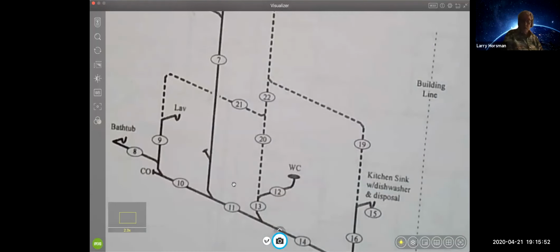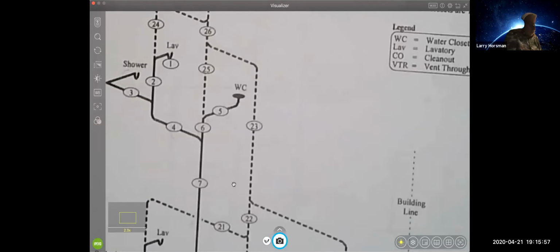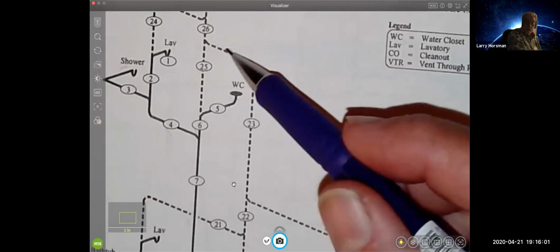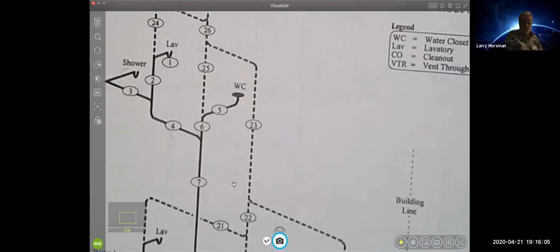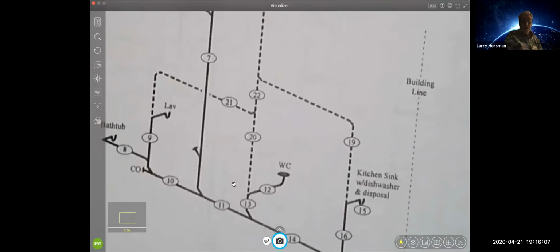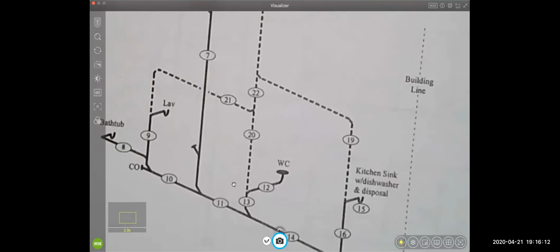If we pull down, see how this one that's here, 23, 22, 20, that's all vent. It's not receiving any waste.